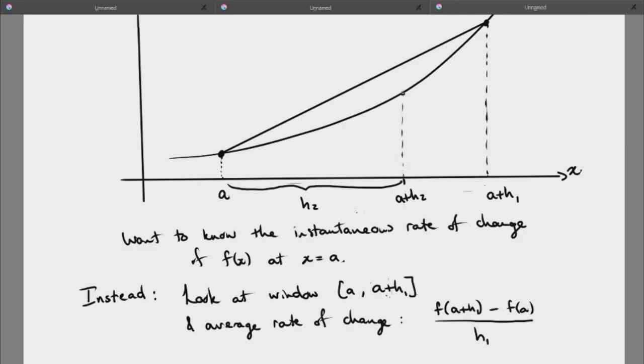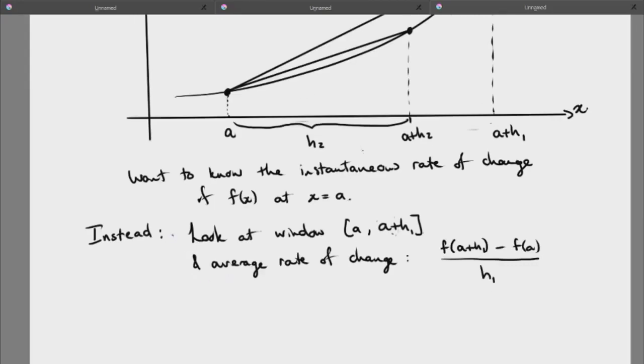That's a point that's closer to my point of interest, even though I'm still using information in the average, information I don't want, it's less than before. So it is an improvement, definitely.